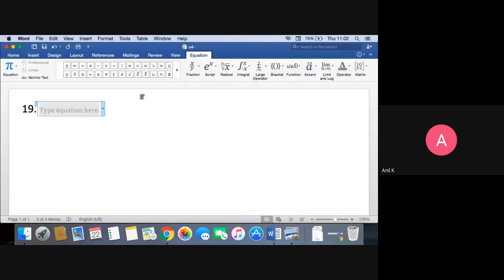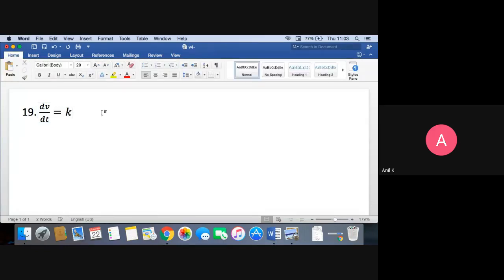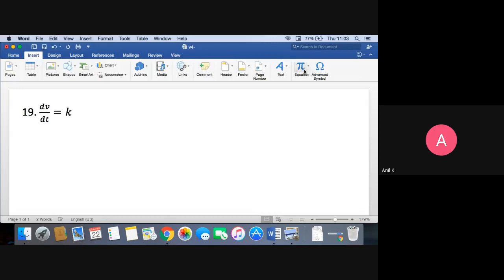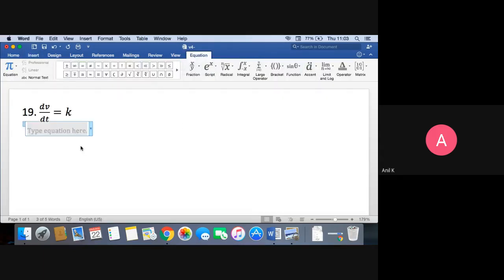Rate of change of volume, so that is dV by dt, because it changes with respect to time. So dV by dt is given as constant, so I'll take that constant as k. Now what is the volume formula of the sphere? The balloon is in the form of a sphere, so the volume of the sphere is 4 by 3 pi r cube.